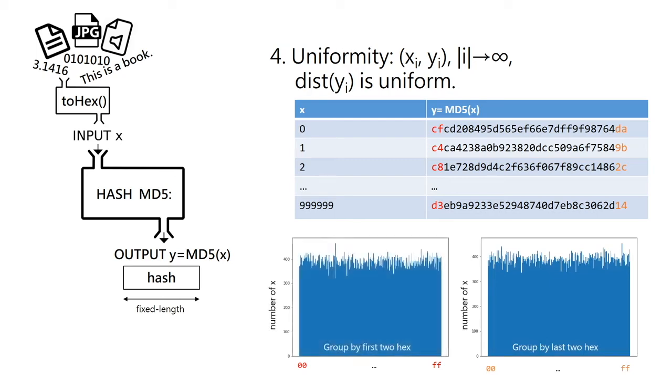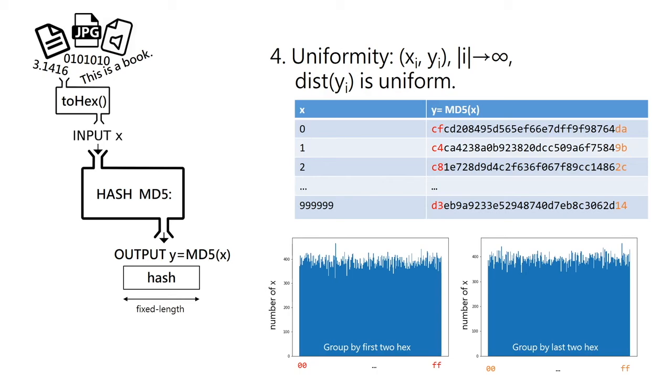There will be a total of 256 groups, and here is the distribution of the groups. We can see that the number of outputs in each group is around 390. It means that the result of MD5 is evenly distributed in these 256 groups.